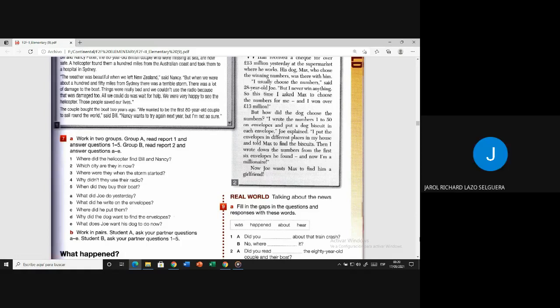Where did he put them? He put the envelopes in different places in his house. Why did the dog want to find the envelopes? Because there were biscuits in the envelopes. What does Joe want his dog to do now? Joe wants Max to find him a girlfriend.